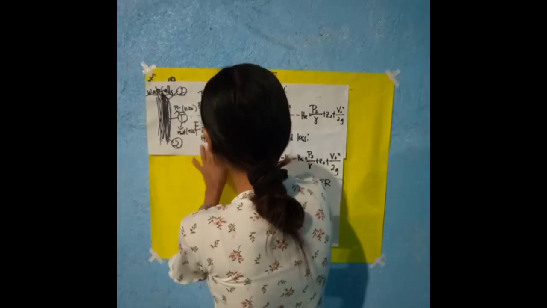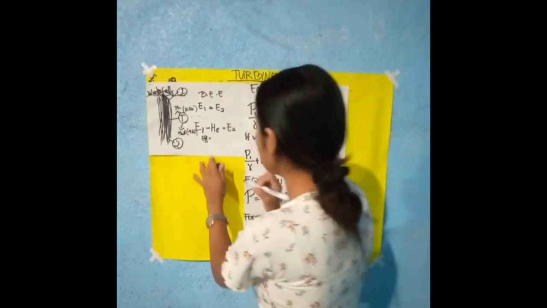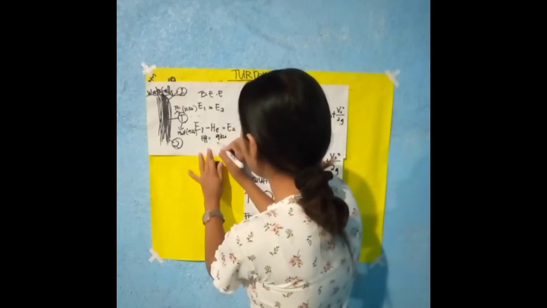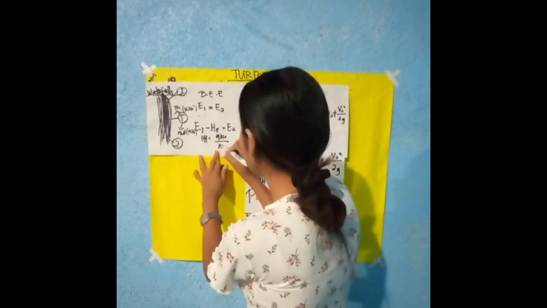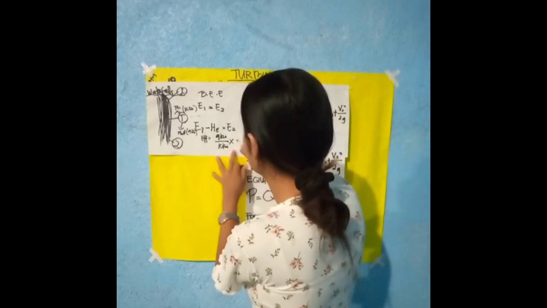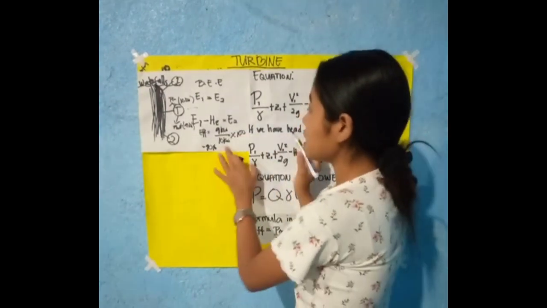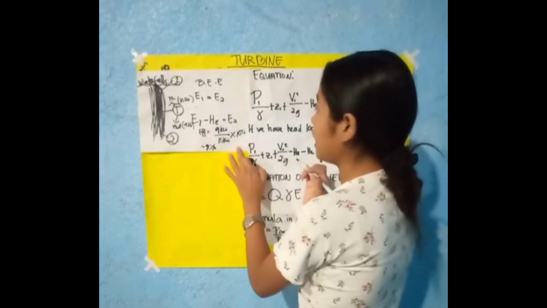Efficiency is equal to our P out, which is 9 kilowatts, over our P in, which is 10 kilowatts, multiplied by 100. So 9 kilowatts divided by 10 kilowatts is equal to 0.9.